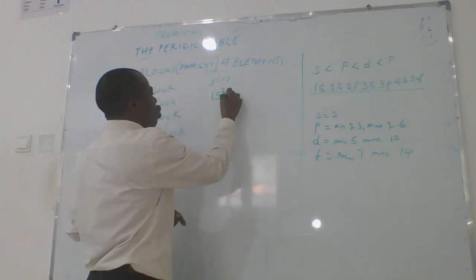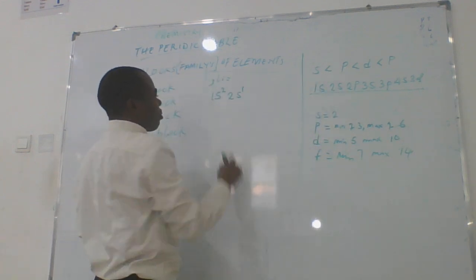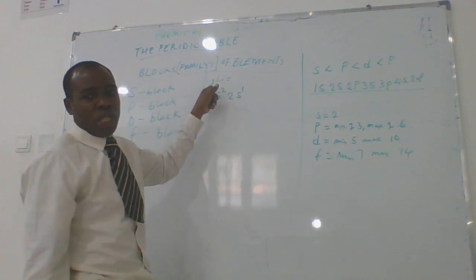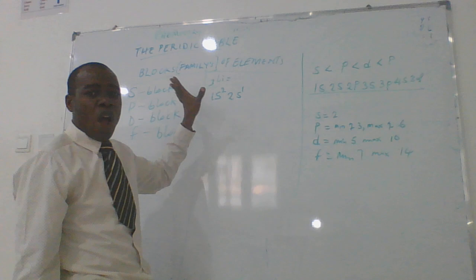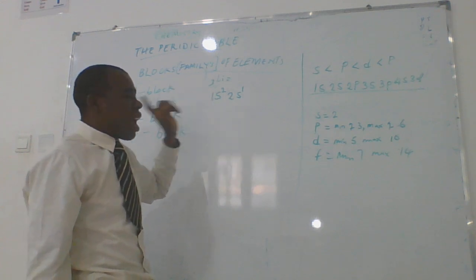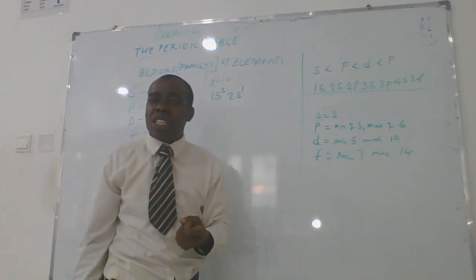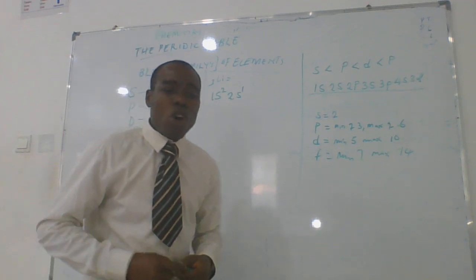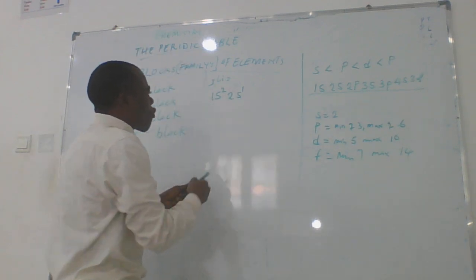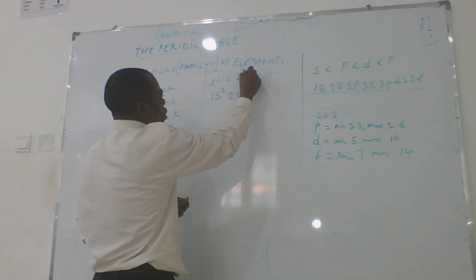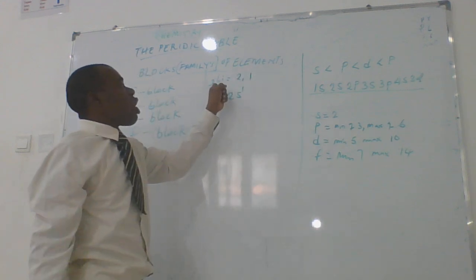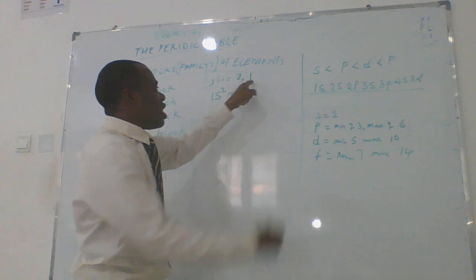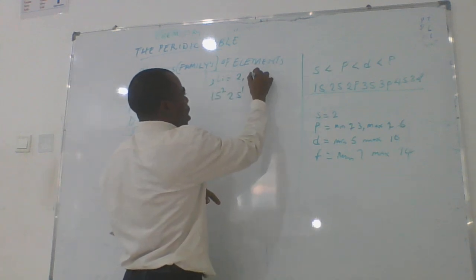So I have 2s1. If you add 2 and 1 together, it gives you 3. So this is how we write the configuration. And we say that this element is called an S block element because of the valence electron. From your KLM, you notice that lithium is 2, 1.